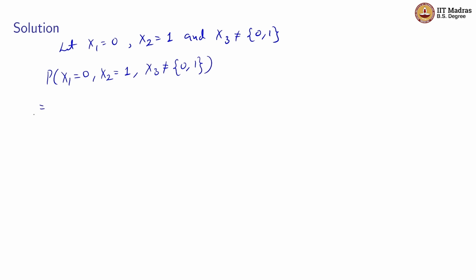As x1, x2, x3 are IID, the joint can be written as the product of marginals. So this will be equal to probability x1 is equal to 0 into probability x2 is equal to 1 into probability x3 is not equal to 0 and 1.